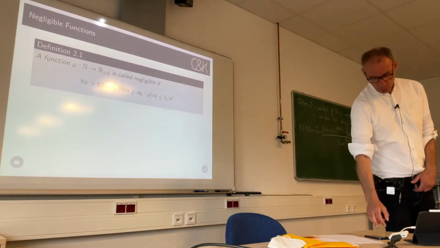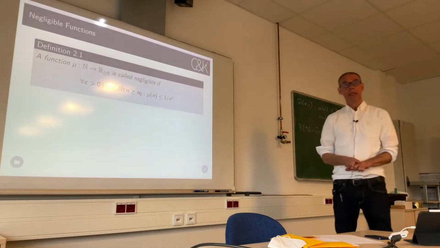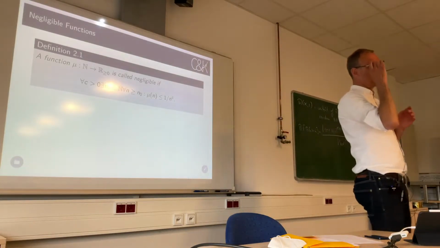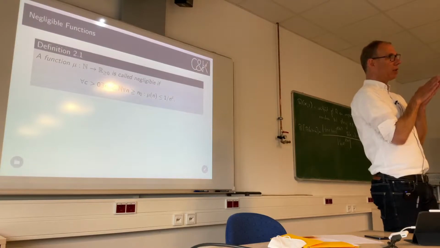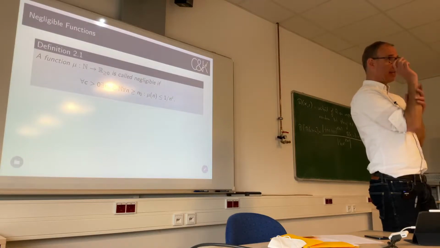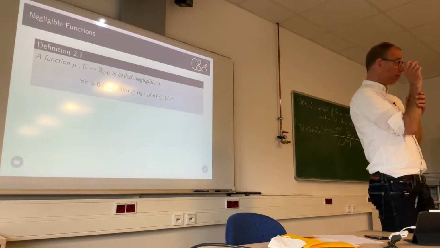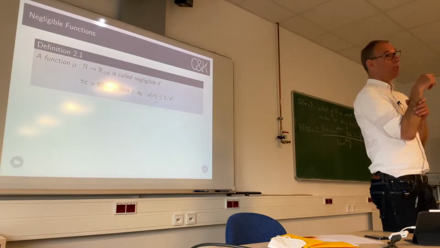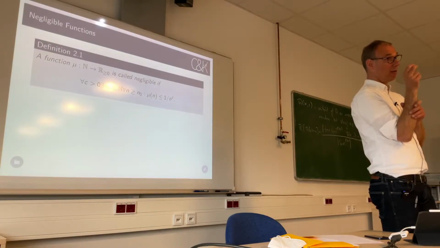the next thing I want to talk about is that in perfect secrecy, we required that the advantage of every adversary is 0. And I said we want to relax that as well. The advantage is allowed to be tiny, small. We need to specify what we mean by tiny, small.